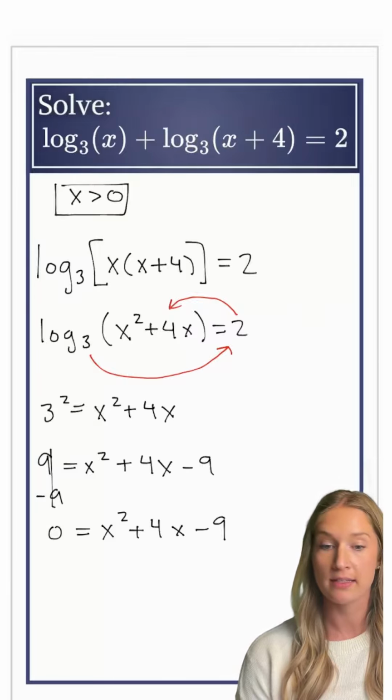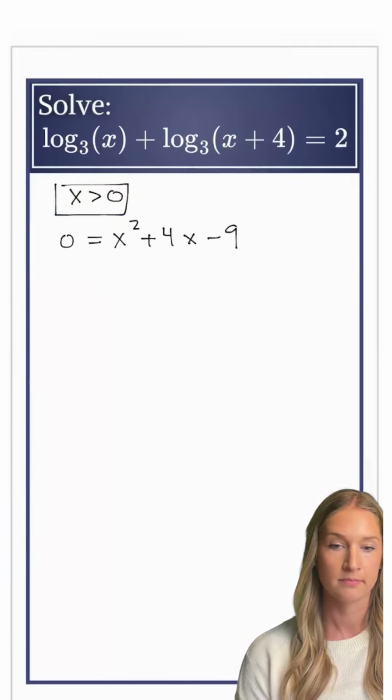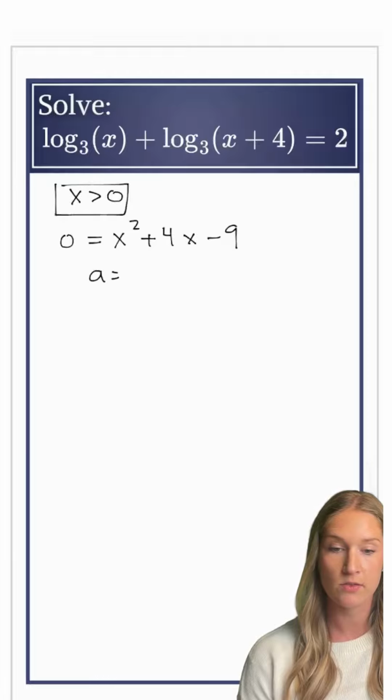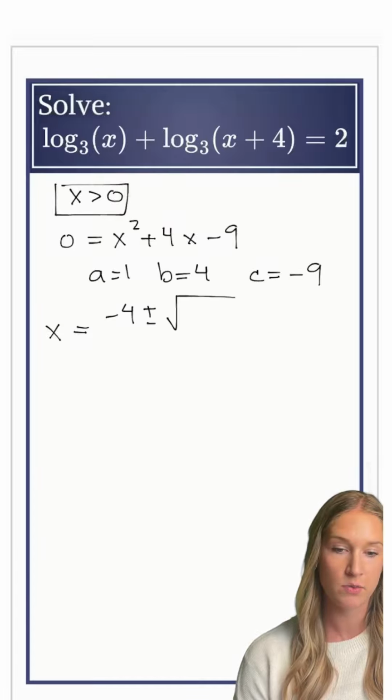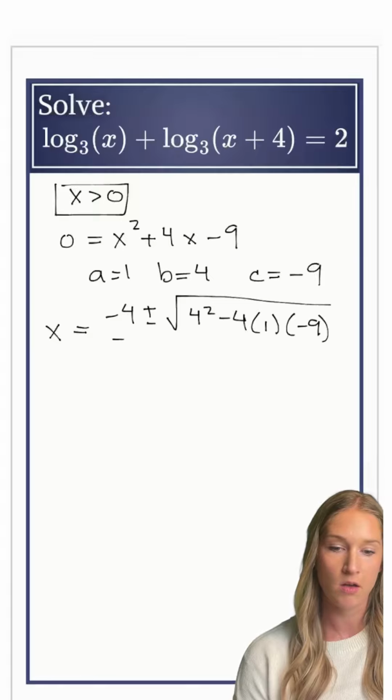Let me go ahead and clean this up. For my quadratic formula, I have a is 1, b is 4, and c is -9. Plugging these in, -b plus or minus the square root of b squared minus 4 times a times c, all over 2 times a.